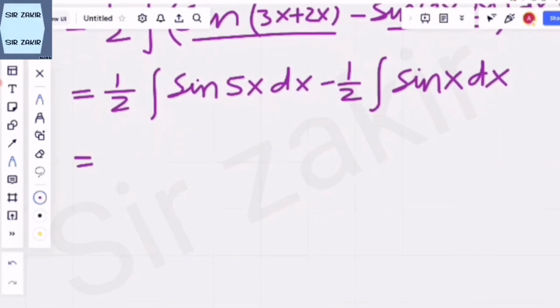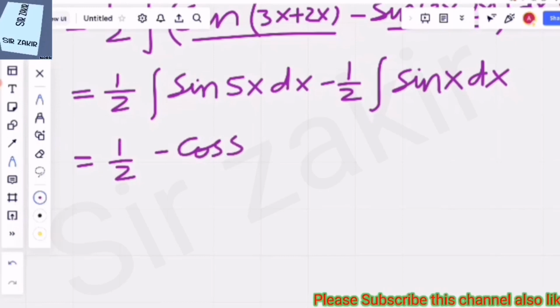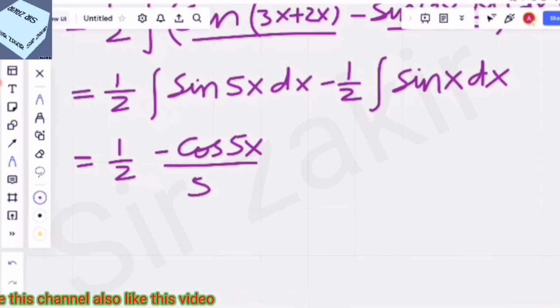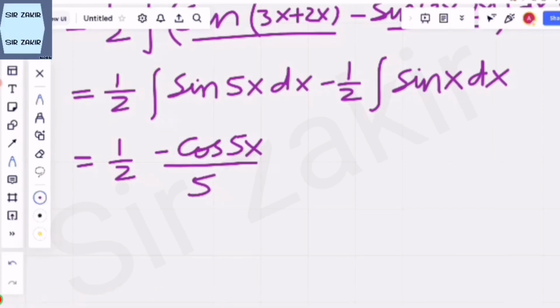Integration of sine is minus cos 5x. We also divide by the derivative of the angle, which is 5. Here it is minus 1 by 2, the integral of sine is minus cos x.